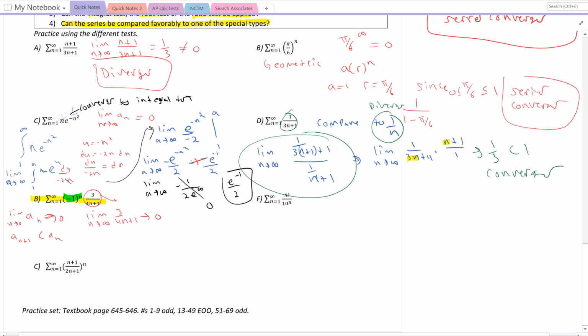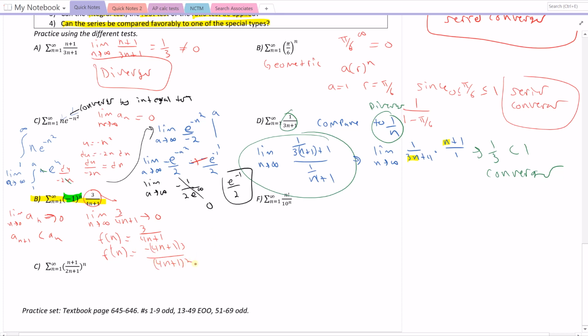Then we show that the next term is always smaller than the previous one. Let's just use the derivative. I feel like the derivative is a surefire way to do this. So f prime is going to be 0 minus (4n plus 1) times 3 over (4n plus 1) squared.